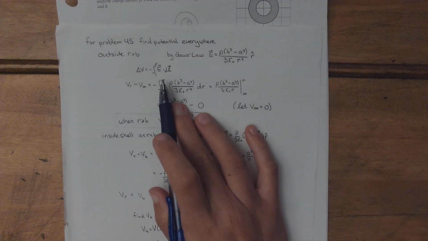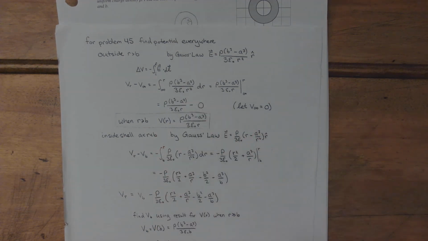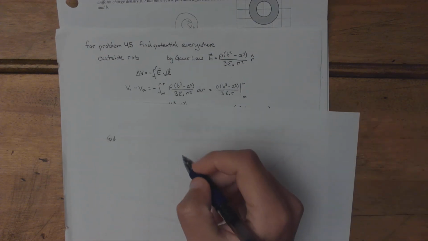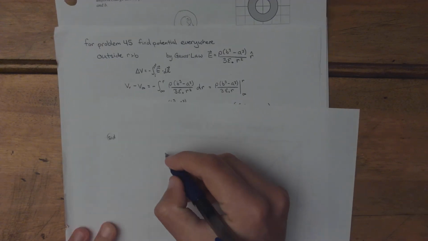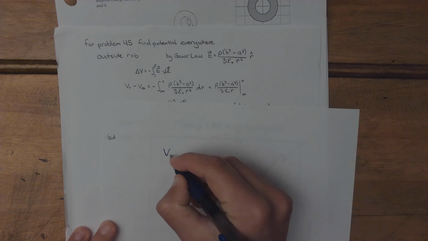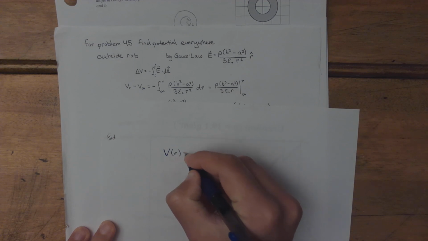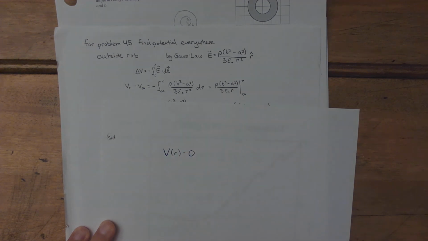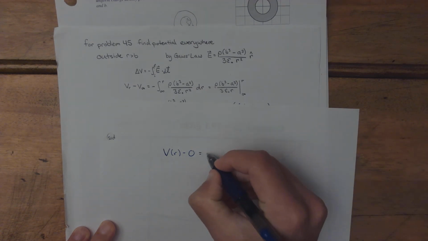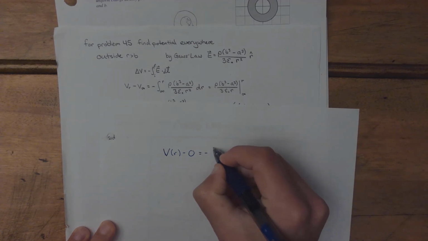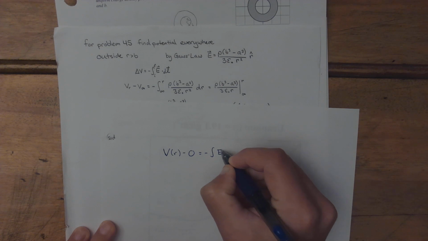If you want to write it down in one step, you would do something like this. If I want to come in from infinity and go to a point R, which is inside the sphere, I've got my integral here.